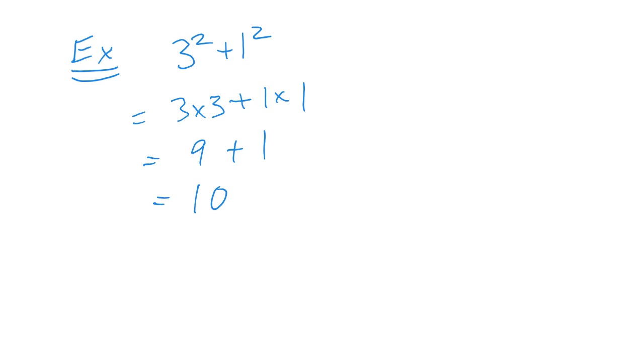Now, when you see problems like this on your homework today, show me the full steps. Simplify this part, then simplify that, then tell me what the answers are for both, and then give me the final answer.